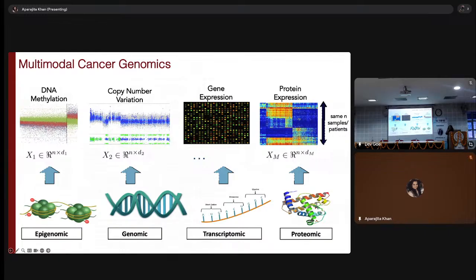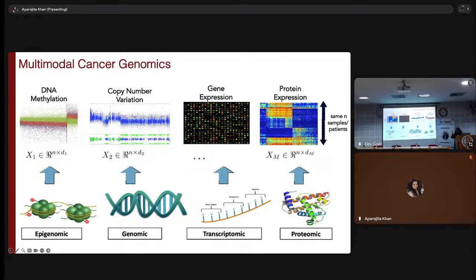But the point is, now you don't have just one source of data, you have multiple sources of data. So suppose from gene expression you have n samples and suppose 5,000 genes. Again, from those 500 patients' microRNA expressions, you have 500 samples but maybe 200 microRNAs.